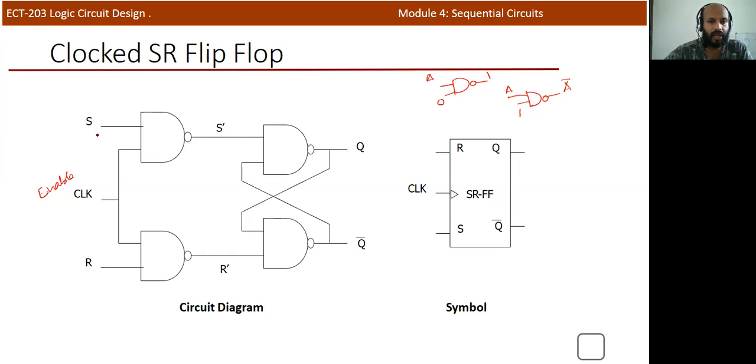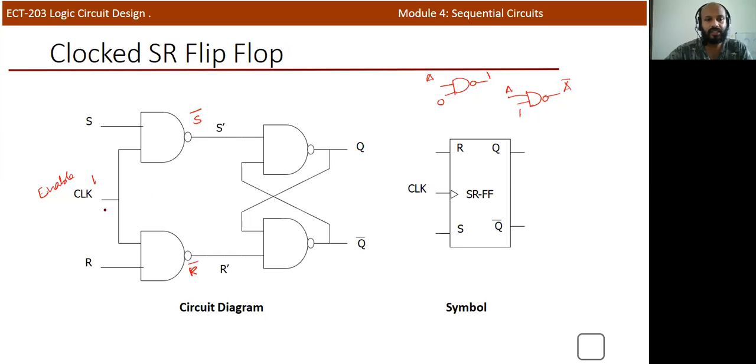Here you apply S at one input, and the other input is the clock. When the clock signal is 1, you will get S bar here; in all other cases, the output is 1. Here also, when the clock signal is 1, you will get R bar; in all other cases, you will get 1.